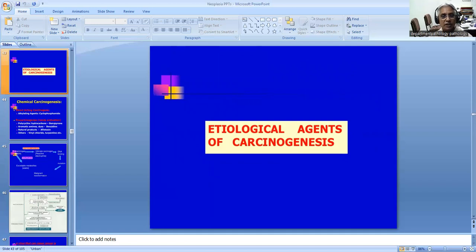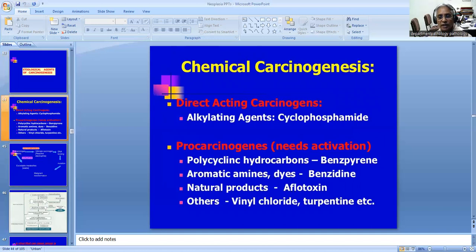After discussing the epidemiological aspect of cancer, we will discuss the etiological agents of carcinogenesis. As I told you, there are three groups of carcinogens: chemical, physical, and infective. Now we will discuss chemical carcinogenesis.